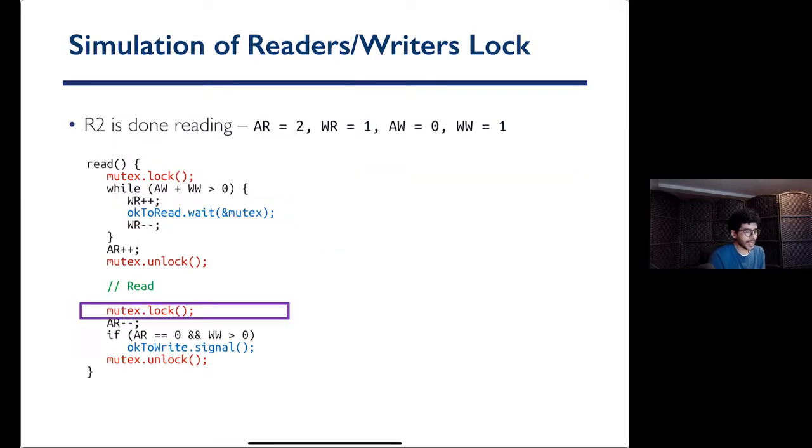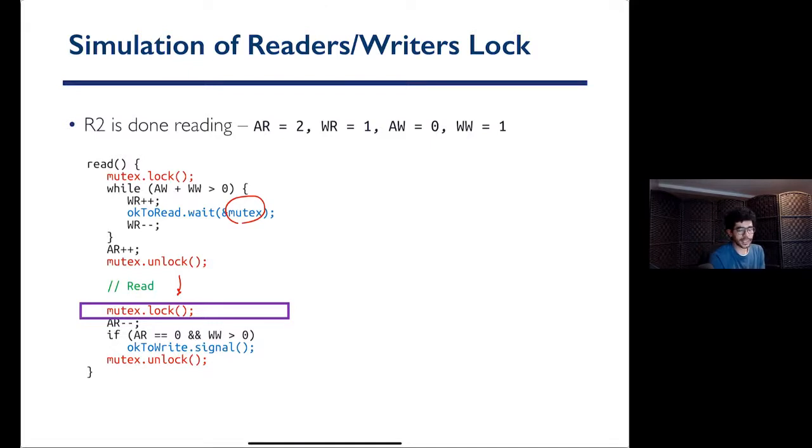Now let's say R2 is done reading the database and wants to get out. It starts executing the release read lock function. It acquires the mutex, which is fine because R3 released the mutex before going to sleep.